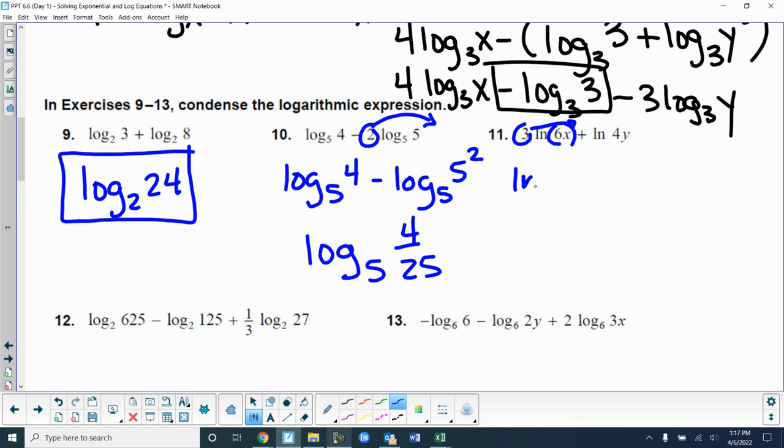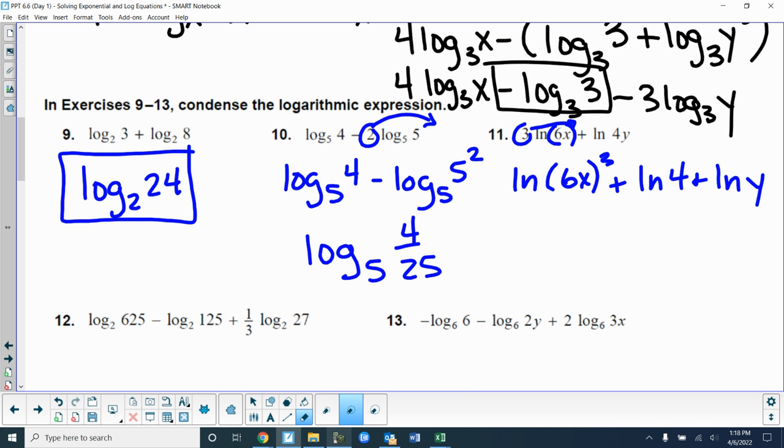So it's natural log of 6x cubed, and then natural log of 4, and then we got times y, so I could do this, couldn't I? But I don't want to expand. I'm in my expand mode. I'm supposed to be doing what? Condensing. Sorry, I don't need to do that. I don't want to make more work for myself, do I?